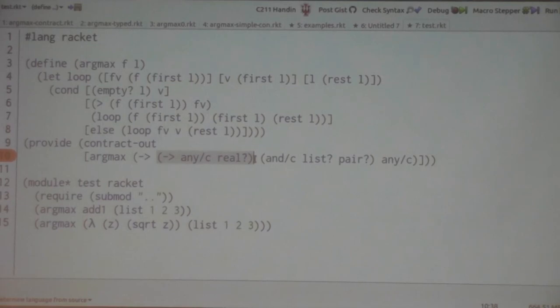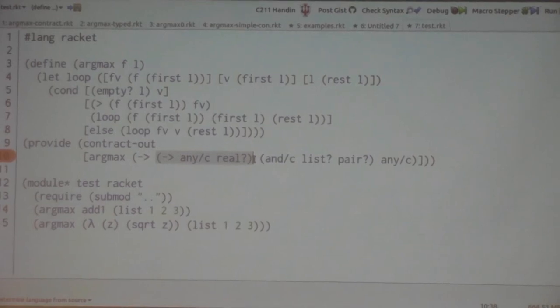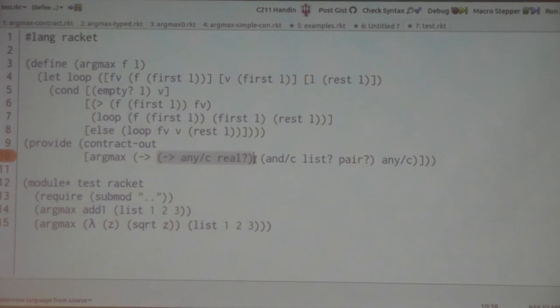What are some other ways in which square root is going to not be a good fit for the specification I've written here? Fortunately, square root in Racket always produces one answer, so we don't have to worry about that. But if we did have something that was non-deterministic, then we might be in trouble.